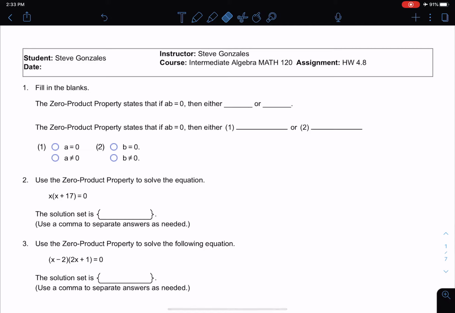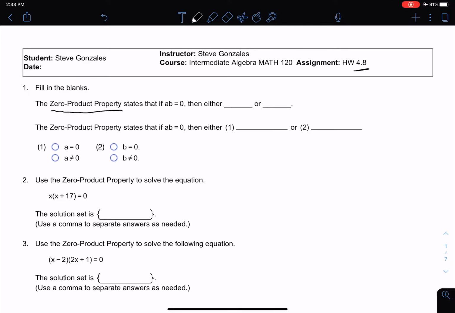Section 4.8 happens to be the section that talks about polynomial equations. So you've got these polynomial equations, and we're trying to solve for the variable, usually, in most cases x, but it could be any variable. It really relies on the principle called the zero product property.